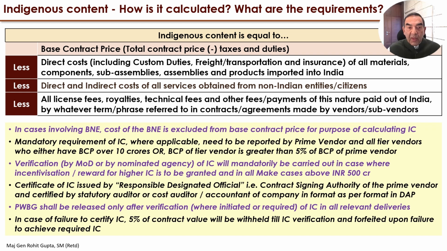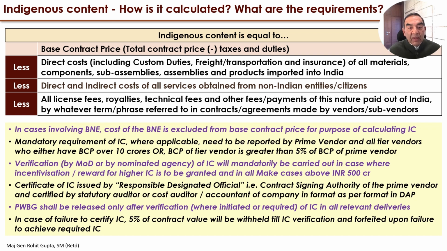Less also all license fees, royalties, technical fees, and any other fees of this nature paid out of India, by whatever term or phrase referred to in the contract or agreement made by the vendor or sub-vendor. So when you come to the indigenous content, all this is subtracted to come to an indigenous content factor with the mandatory requirement of 50 to 60%.